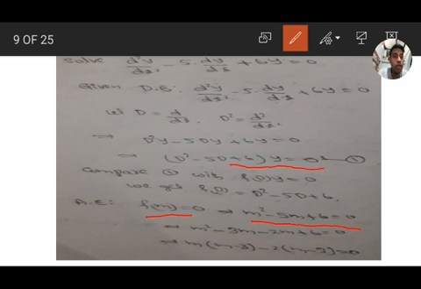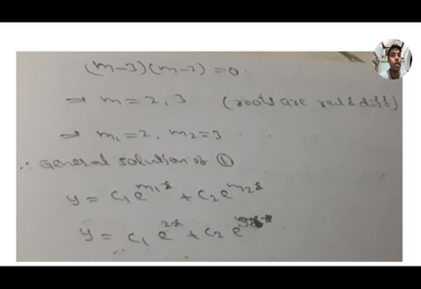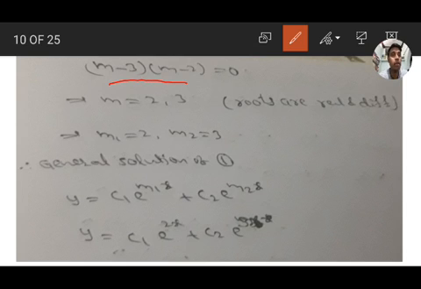So minus 5m can be written as m square minus 3m minus 2m plus 6 equal to 0. m common, m minus 3, minus 2 common, m minus 3. In both, m minus 3 is common, so we get (m minus 3)(m minus 2). That is m equal to 2 comma 3, meaning m1 equal to 2, the first root, m2 equal to 3.